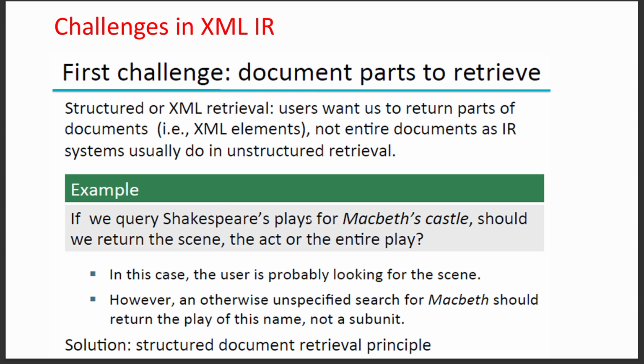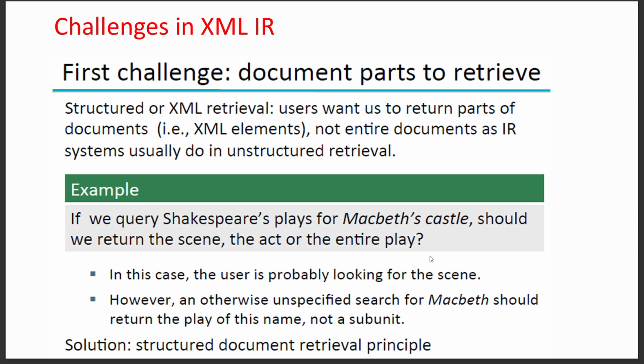If we query Shakespeare's plays for Macbeth's castle, should we return the scene, the act, or the entire play? In this case, the user is probably looking for the scene. However, an otherwise unspecified search for Macbeth should return the play of this name, but not a subunit. So the user wants us to return only parts of documents, but not entire documents.